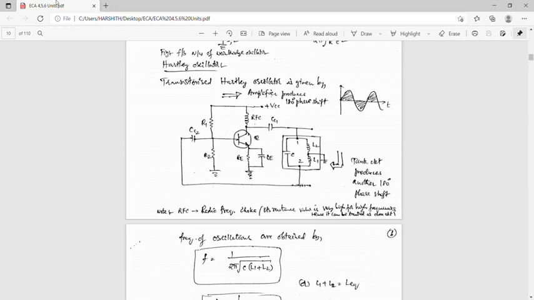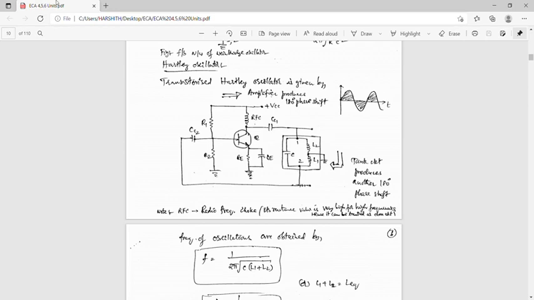In the LC oscillators, there are the Hartley oscillator, Colpitts oscillator and Clapp oscillator. First of all, we discuss the Hartley oscillator. The Hartley oscillator is an LC oscillator, LC meaning inductance and capacitance.